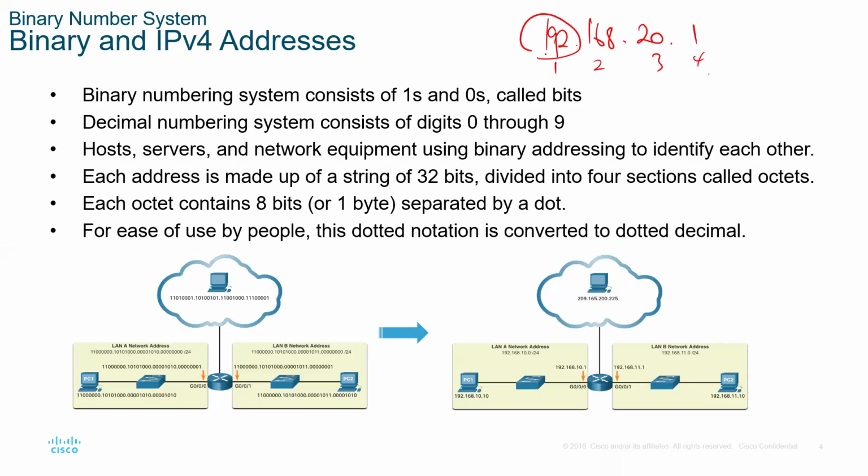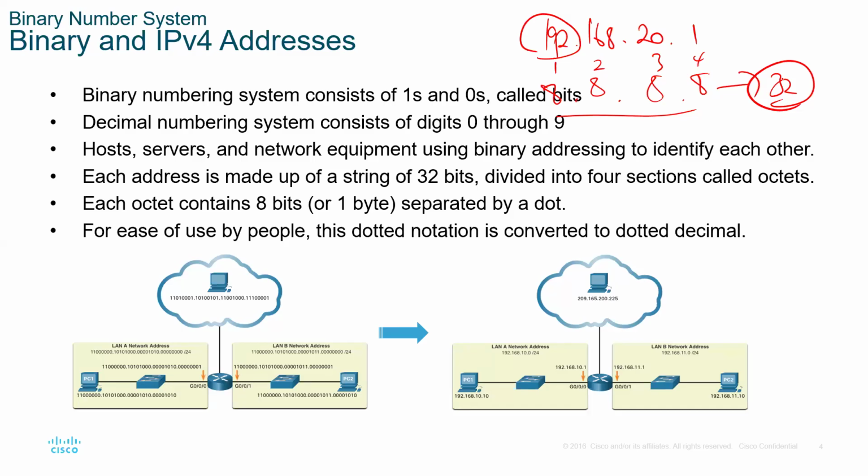It means each number is represented by 8 bits: 8 bits, 8 bits, 8 bits, 8 bits. 8 times 4 makes a total of 32 bits. So the IP address is made up of 32 bits, grouped into 4 sections called octets.